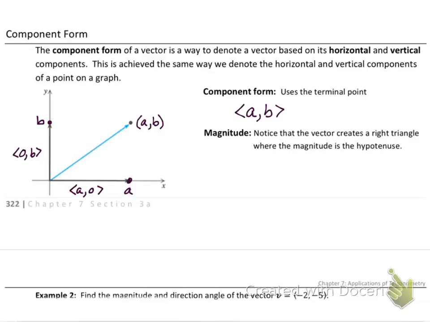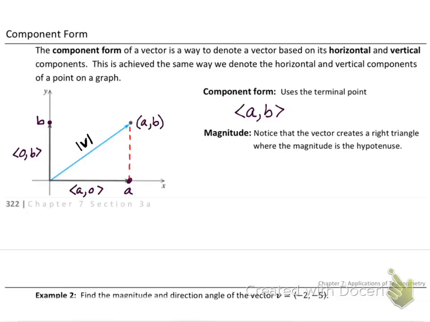All right, magnitude. We're going to also talk about magnitude on this one. Notice that the vector creates a right triangle where the magnitude is the hypotenuse. What I mean by that is if I drop a dashed line down here, I would create a right triangle where our magnitude is our hypotenuse.